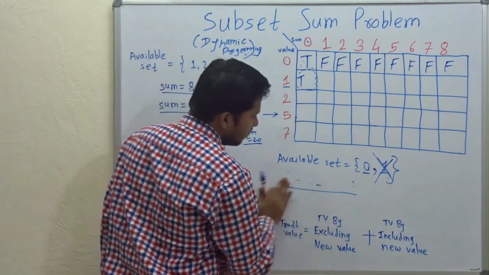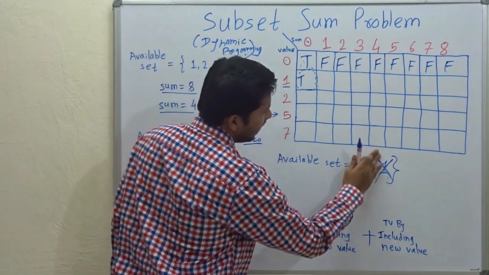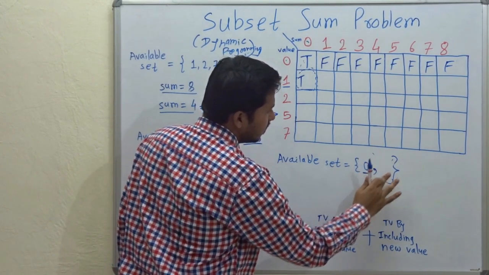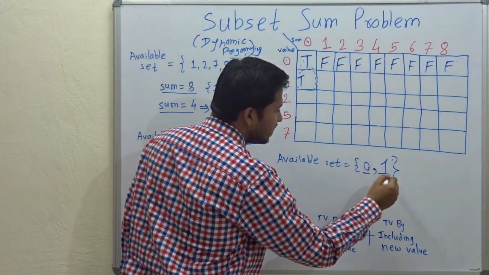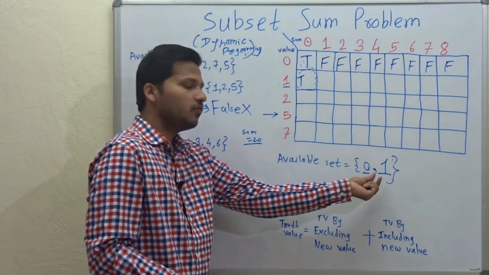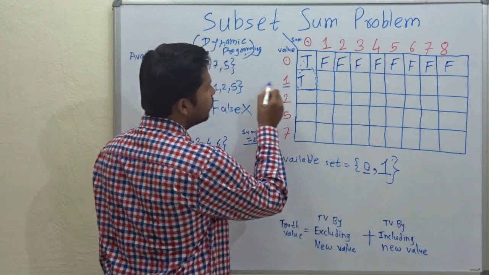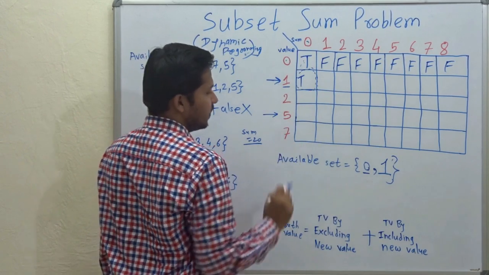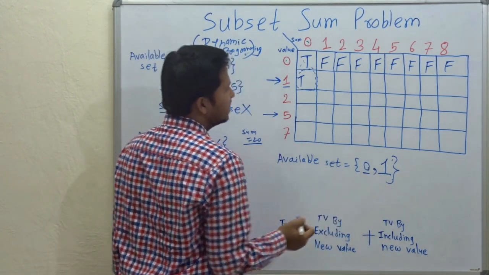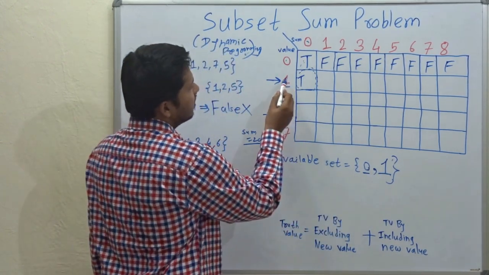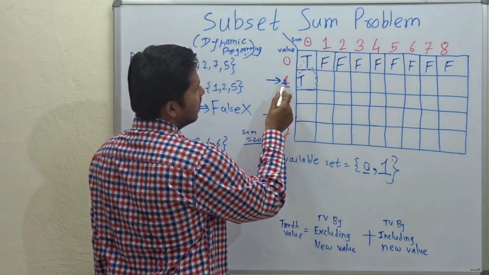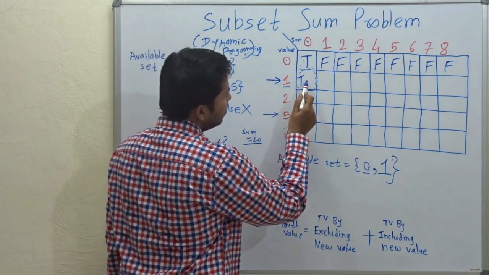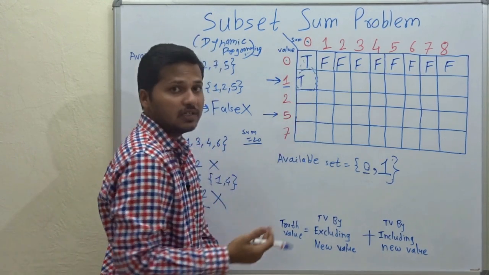So now include the new value. Now you have to consider this set 0 and 1. So you have to include the new value, means that row value. So by using 0 1, see here the new value is 1. Whether 1 can be used to form 0 or not?